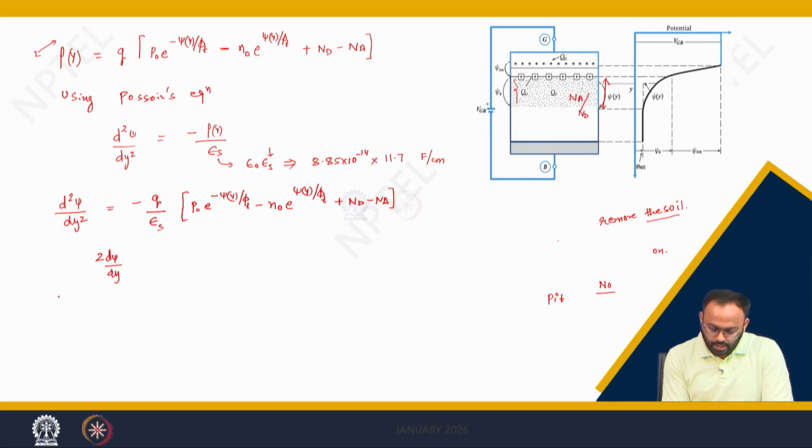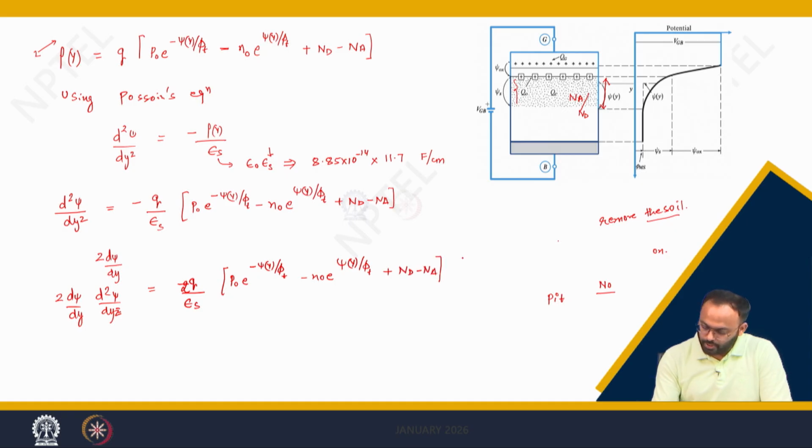So, we can write 2 times dψ/dy into d²ψ/dy² is equal to 2 times q over εs into [p0 e^(−ψ(y)/φt) − n0 e^(ψ(y)/φt) + Nd − Na] into dψ/dy, and you integrate both sides.